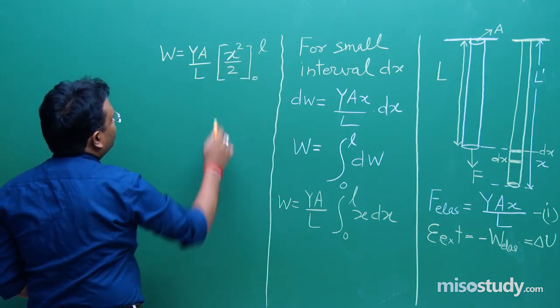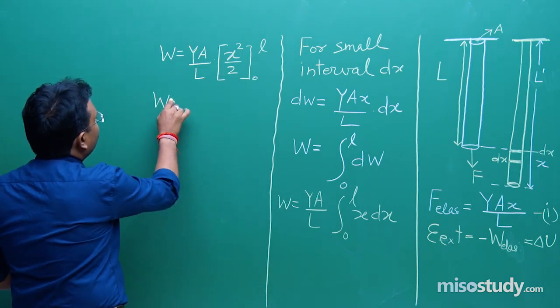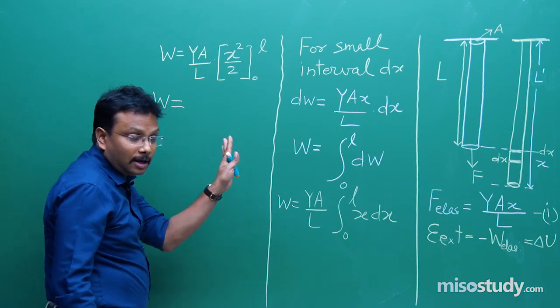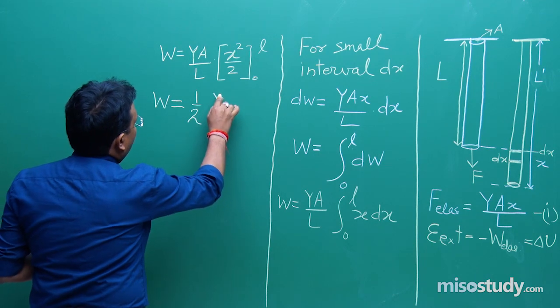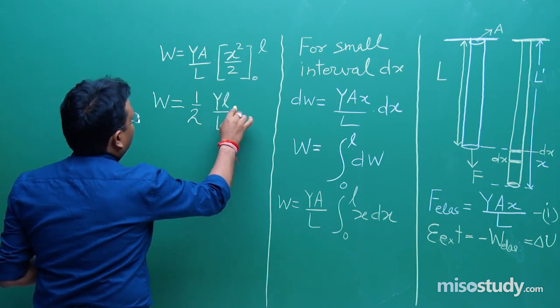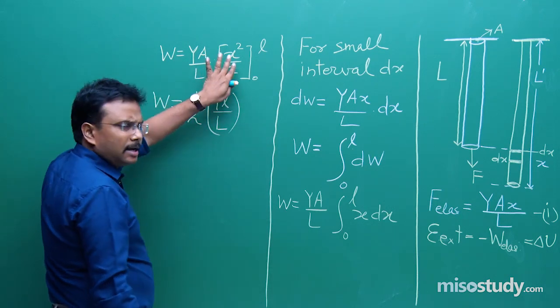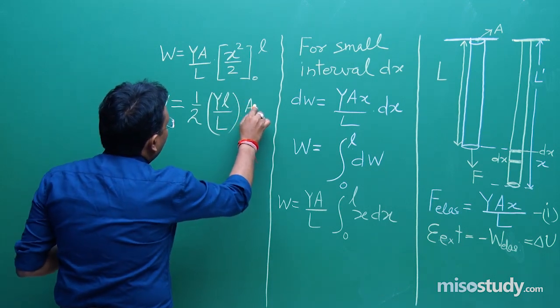It means, let us put the value, so you will get L square by 2. So, W is equal to, now it is nothing but arrangement of the terms, nothing else. So, I am arranging the terms, half Y L by L in one bracket, and in another bracket, because I already placed the values, it is going to be A L.